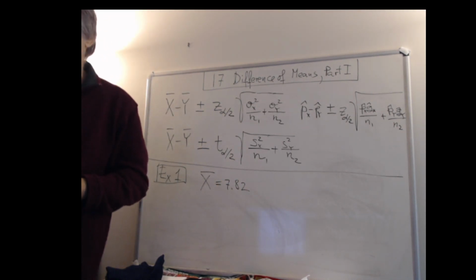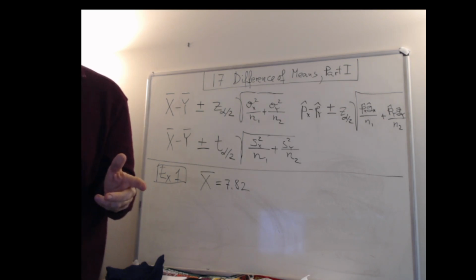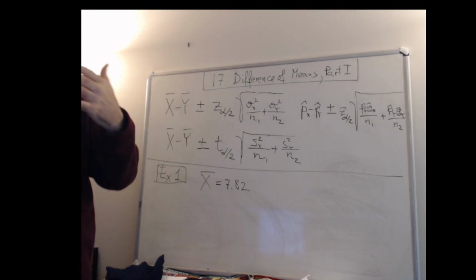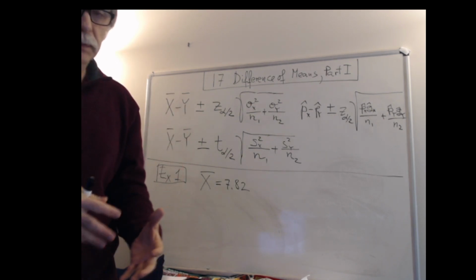The second group was a control group, so they were getting the old sleeping pill. So there is a new sleeping pill and the old sleeping pill. The second group of 100 of them were getting the old sleeping pill.